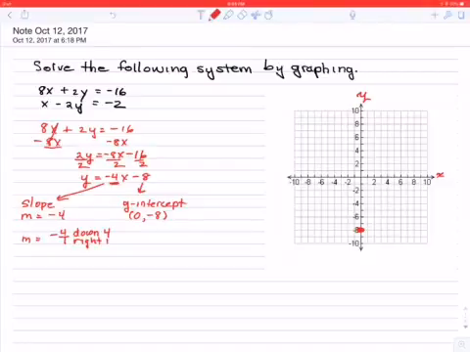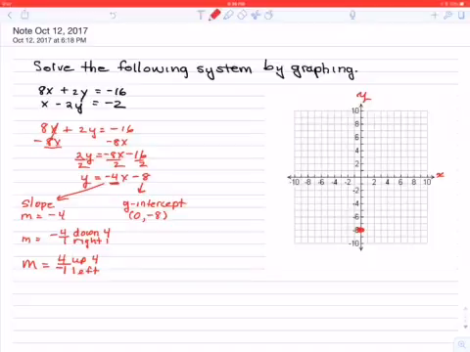Well, if I chose that form of the slope, going down 4 would come off the grid that I was given. So let's write it another way. I could write that negative 4 as 4 over negative 1, in which case, since the numerator is positive, I would go up 4, and since the denominator is negative, I would go left 1. That's doable from the y-intercept.